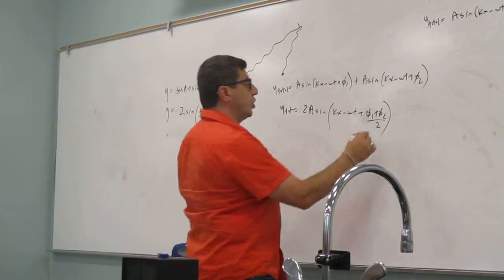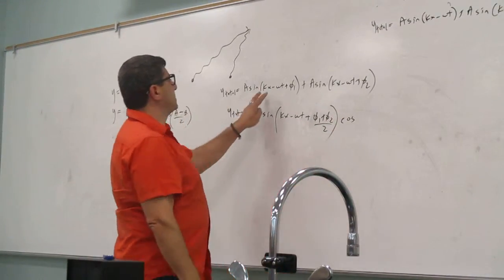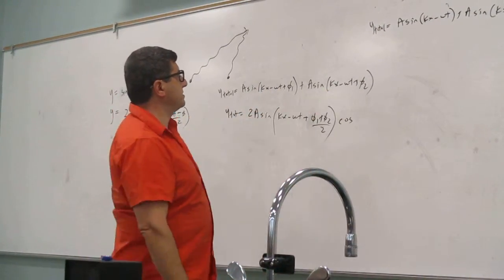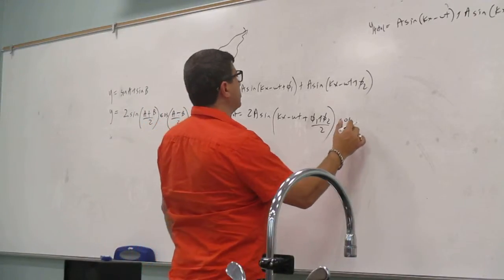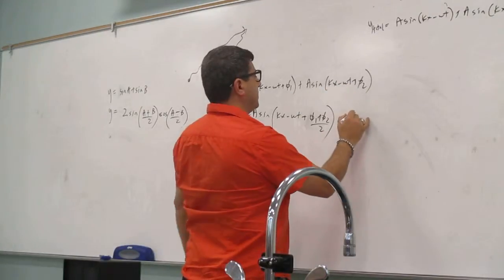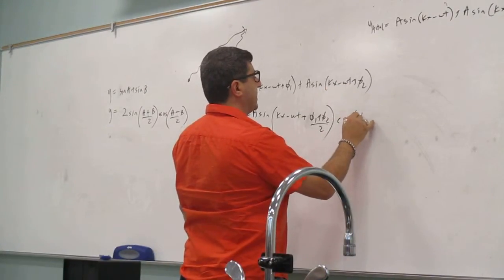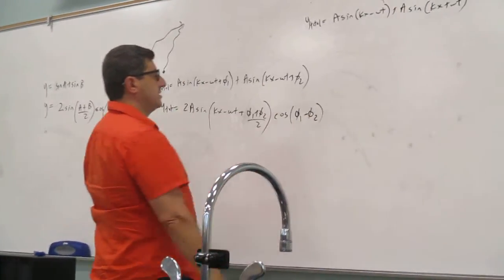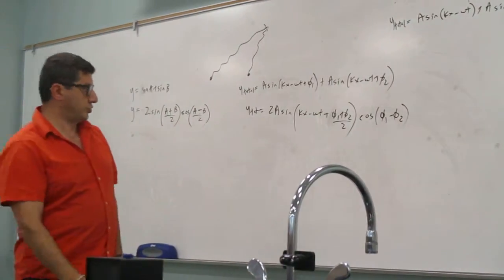Then for the cosine, this cancels this, and this and this cancel itself. Then you just have phi 1 minus phi 2, which is delta phi, over 2.